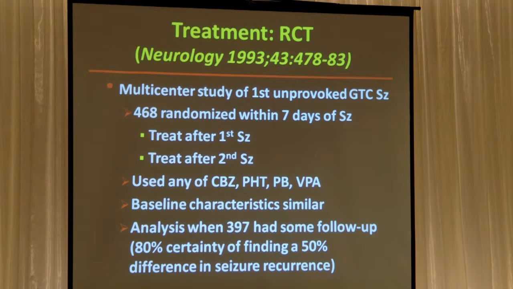The physician got to decide what drug to use, and because this is a study from 20 years ago, they didn't use perhaps some of the drugs we'd use today, but Tegretol and Dilantin and phenobarbital and Depakote were the options. And they did a nice power calculation. This was a randomized trial, and the randomization worked, so the patient characteristics were well balanced between the groups. And that was the trial.